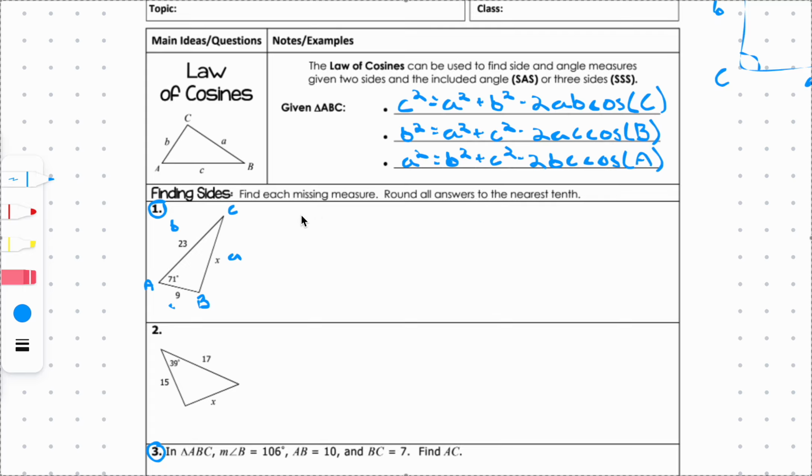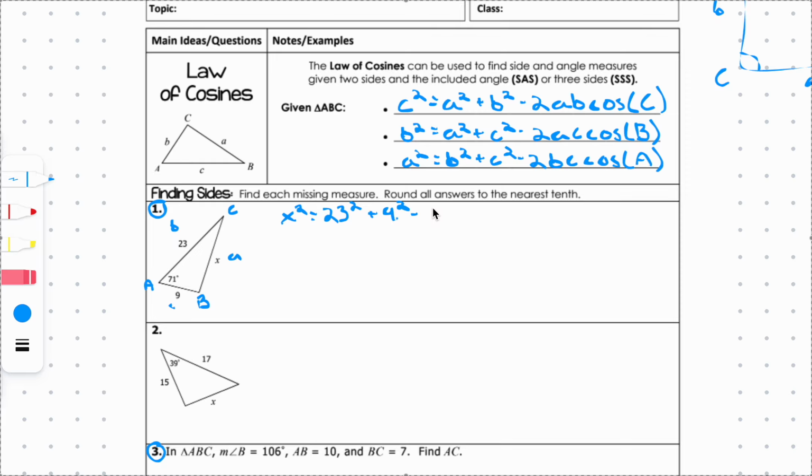So I'm going to say a squared or x squared equals b squared. And so b squared is this side length, which has 23 as its side length. So 23 squared plus little c squared, which is 9, so 9 squared.